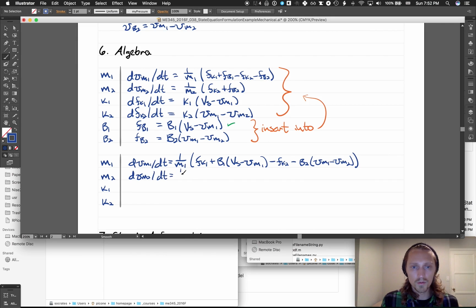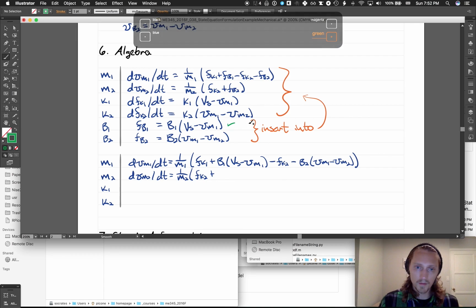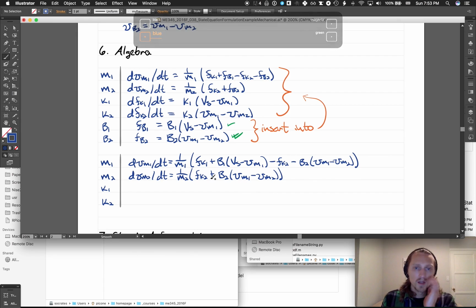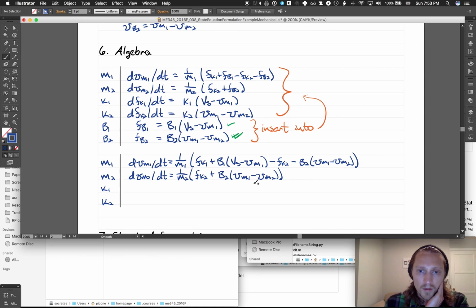So for m2, we have dvm2/dt equals 1 over m2 times Fk2 plus Fb2. Now Fk2 is a state variable, plus Fb2, which I forgot to check, we did use this equation here, but we're going to use it again: b2 times (vm1 minus vm2). Now, let's inspect. We have Fk2 is a state variable, vm1 state variable, vm2 state variable.